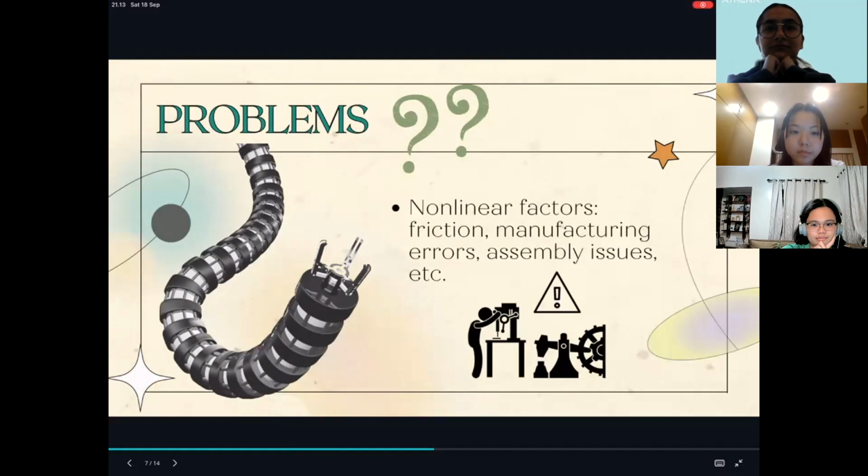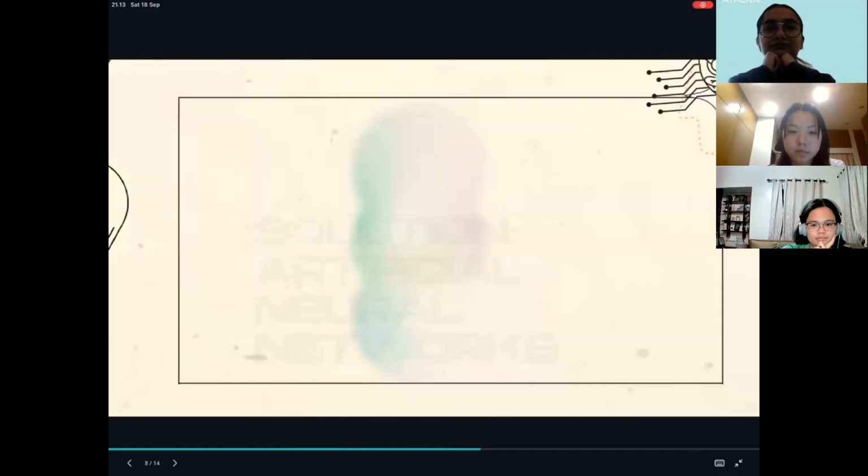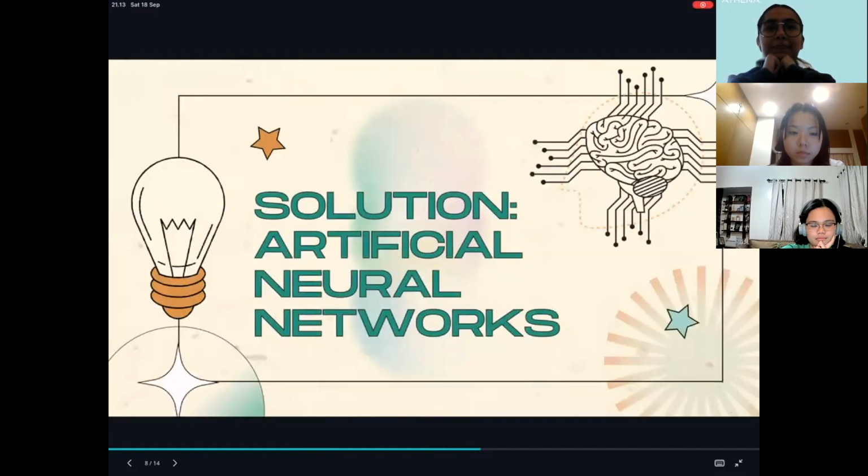And the solution that we came up with was using artificial neural networks. And for this project, we used a specific type of neural network called multi-layer perceptron, or MLP. And it's basically applied for nonlinear functions since we're tackling nonlinear factors like the previous slide mentioned.